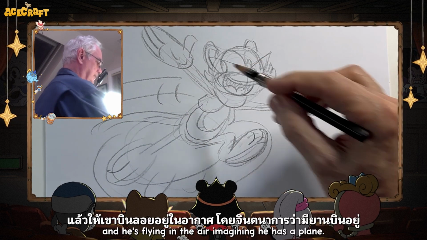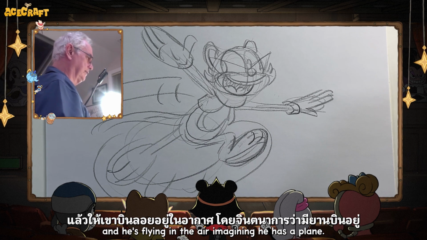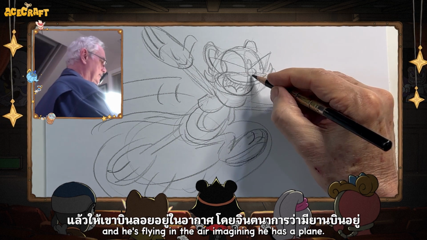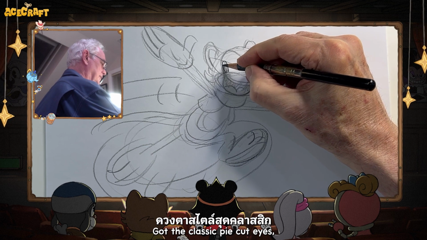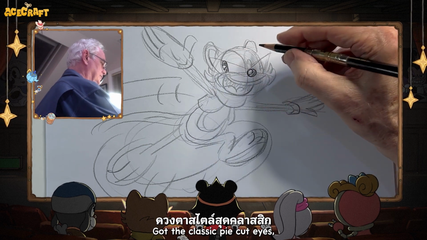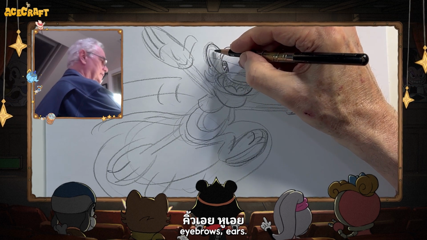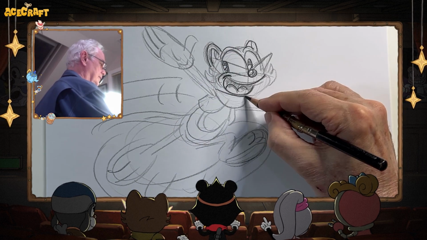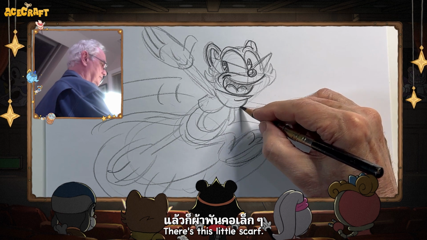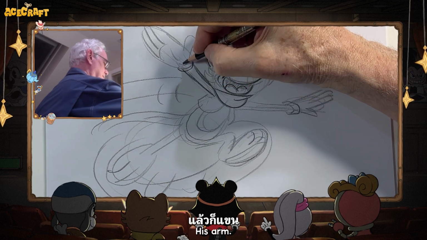And he's flying in the air, imagining he has a plane. Got the classic pie cut eyes, eyebrows, ears. There's his little scarf. His arm.